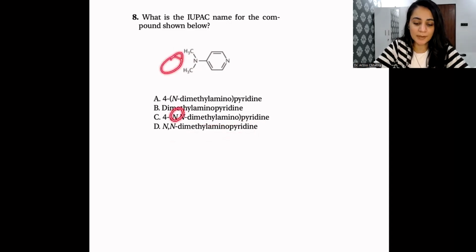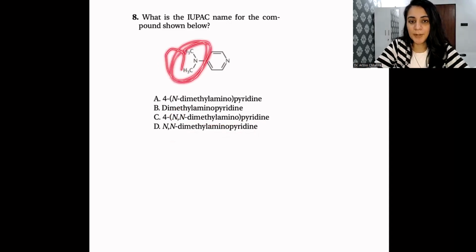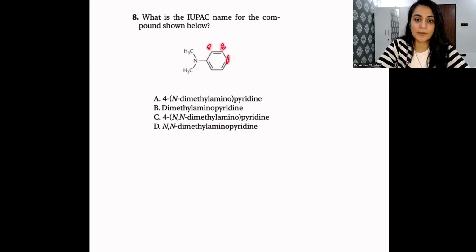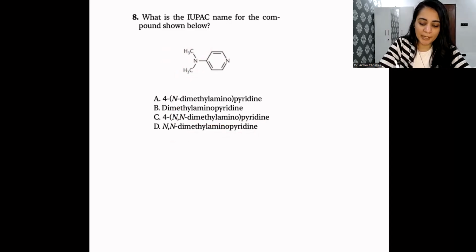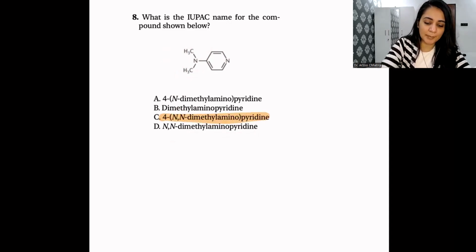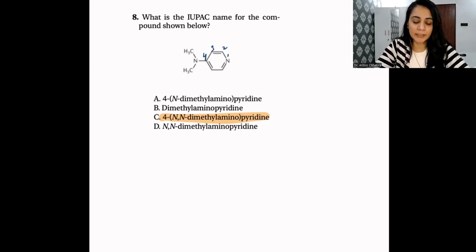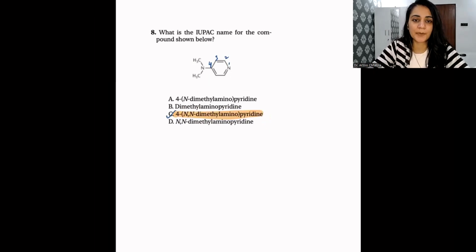Because there are two substituents on this nitrogen. And at the same time, where is this substituent present? You want to make sure that the reader knows that too. So this is 1, 2, 3, 4. So of course you can go over here and you can go over here too. So N,N-dimethylaminopyridine at the fourth carbon of that pyridine, 1, 2, 3, 4, is the correct nomenclature for this problem. Okay.